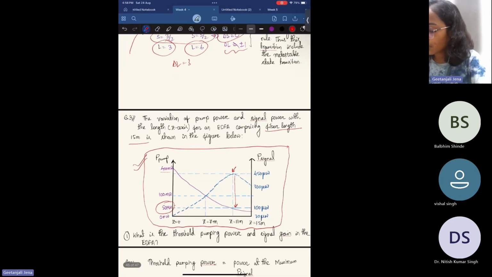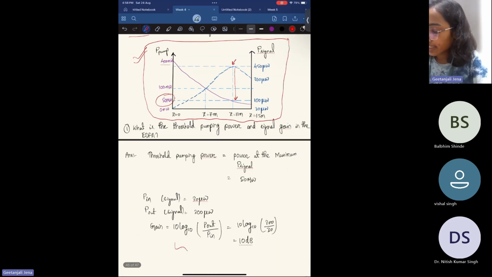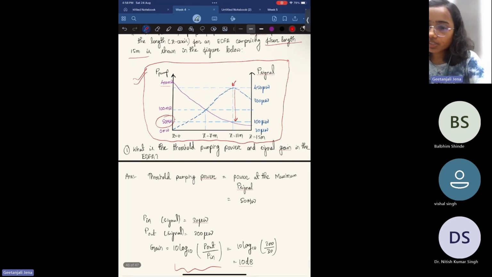Now the signal gain. For the signal gain, you can use the formula: gain is 10 log 10 P out by P in. P out is the output signal power after Z equal 15. If you see the graph, it is 300 microwatt. And the input power was initially 30 microwatt.